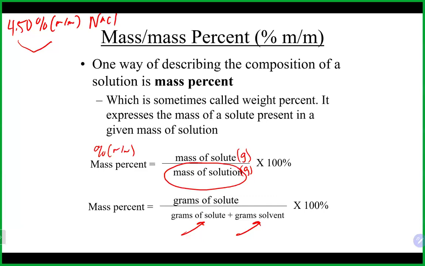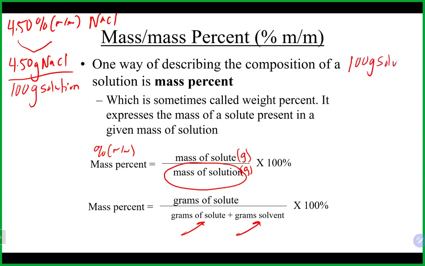So in this case, we would have 4.5 grams of sodium chloride in 100 grams of solution, and you can use that as a conversion factor. You could also flip it around the other way and say 100 grams of solution contains 4.5 grams of sodium chloride.